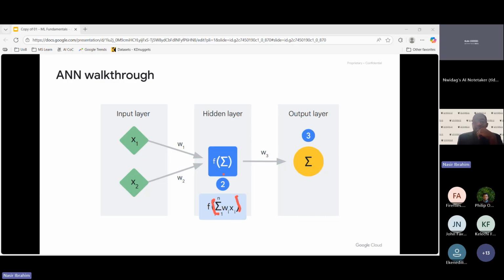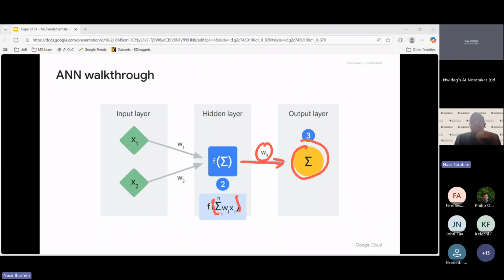So at each neuron, you apply an activation function, and then based on that activation function, you get a new value on the neuron. And again, the value will be computed with the weight, and the output layer will be determined as well. And again, the same linear equation will be applied there.